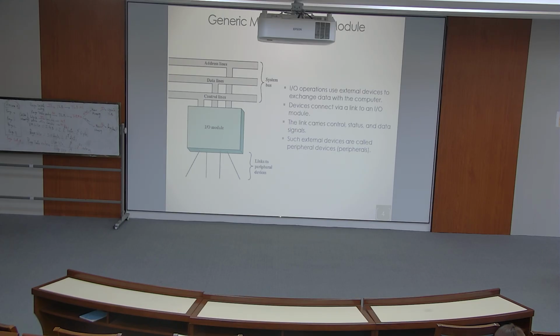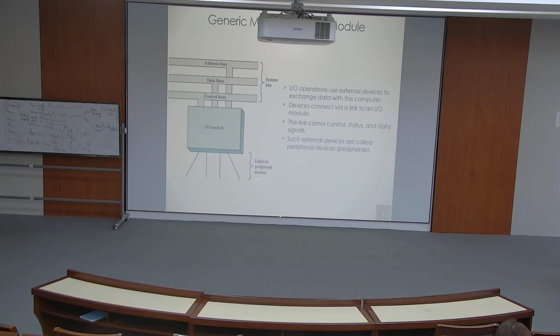Now, from this picture on the screen, we have a bus system which includes the address lines, which are there to transmit addresses, and the data lines, which are there to transmit data. Then we have the control lines, which are there to transmit control, status, and commands.